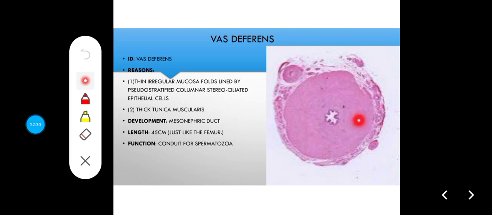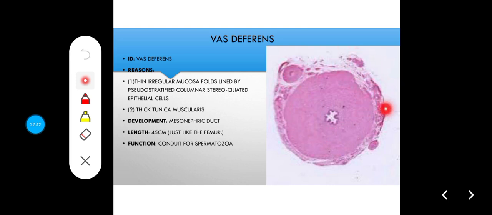Those are the two major reasons for identifying the vas deferens. The development is from the mesonephric duct. The length is about 45 cm. And the function is as a conduit for spermatozoa.